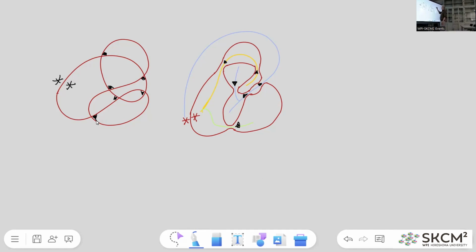So what we're seeing here is that marker states are in one-to-one correspondence with connected Jordan trails.